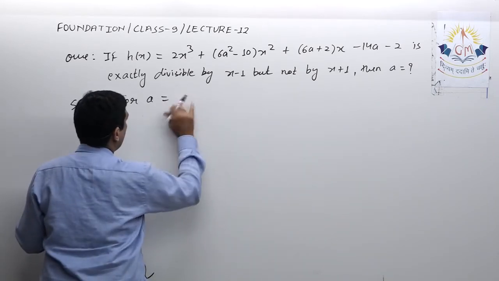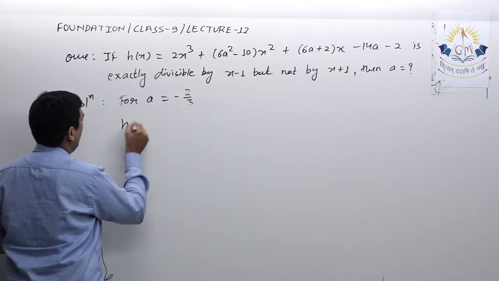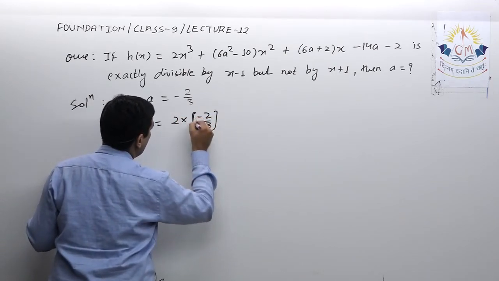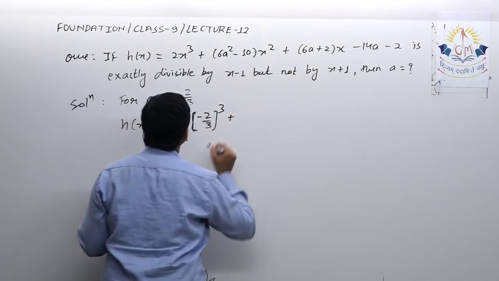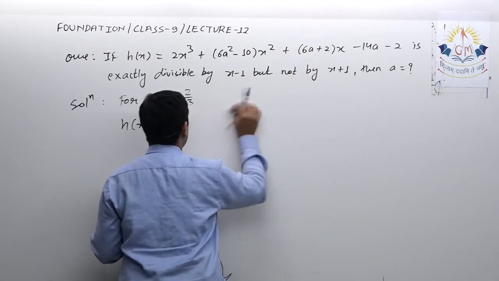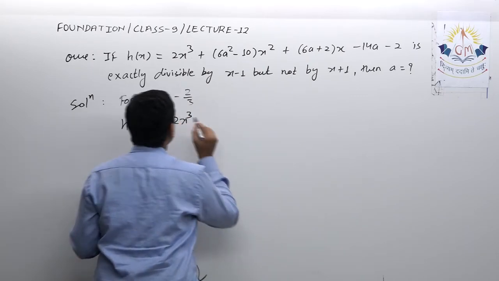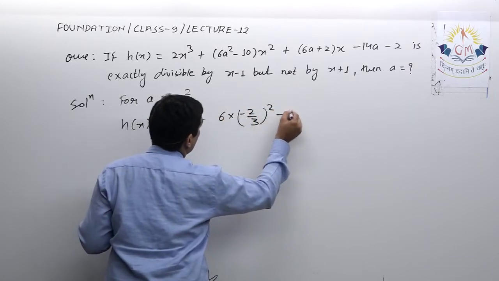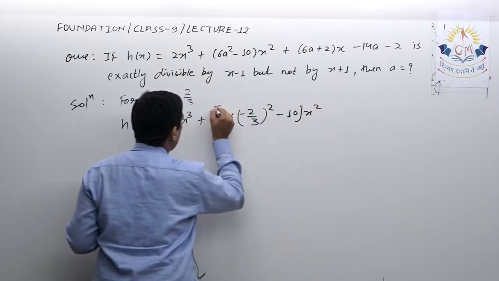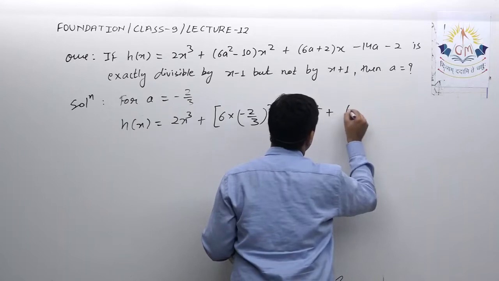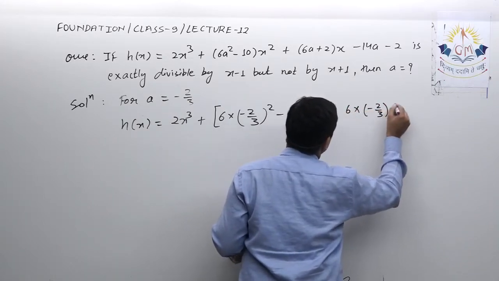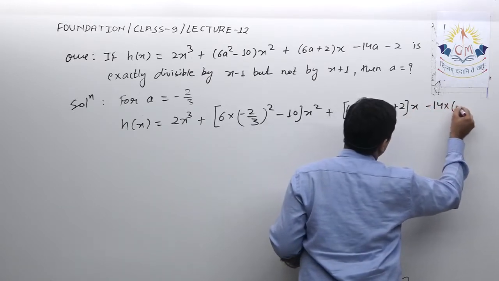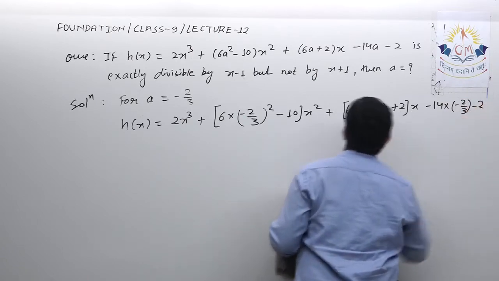For a equal to minus 2 by 3, we'll find h(x). 2x cube plus, not over here, it will remain 2x cube only, a equal to minus 2 by 3, so plus 6 into (minus 2 by 3) square minus 10x square plus 6 into (minus 2 by 3) plus 2x minus 14 into (minus 2 by 3) minus 2.